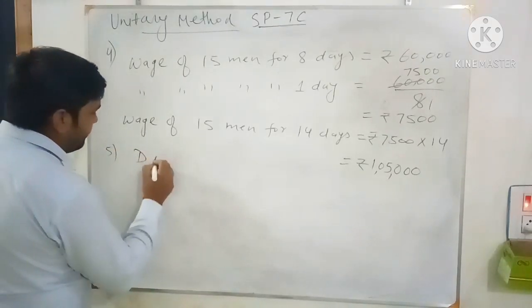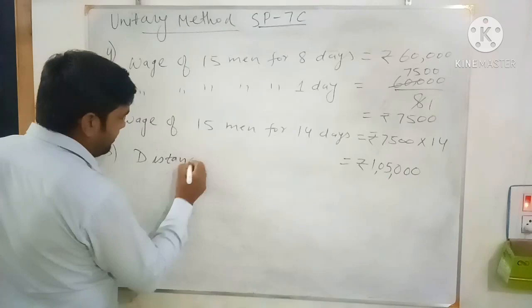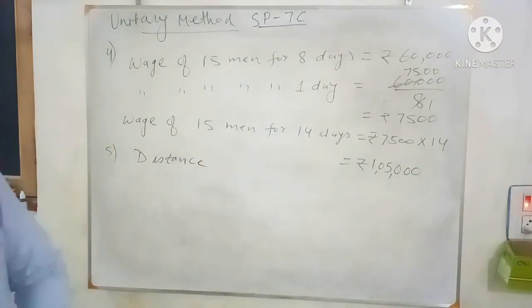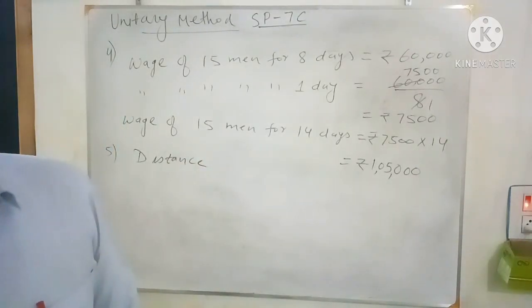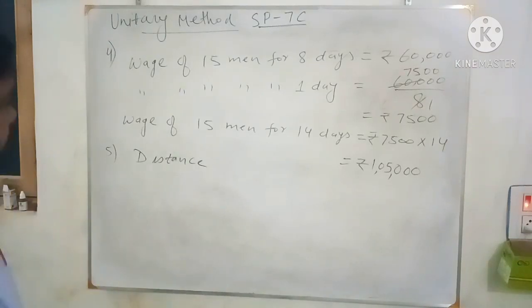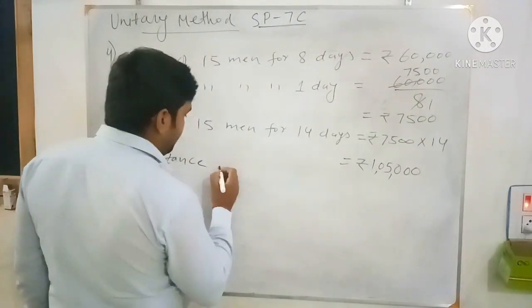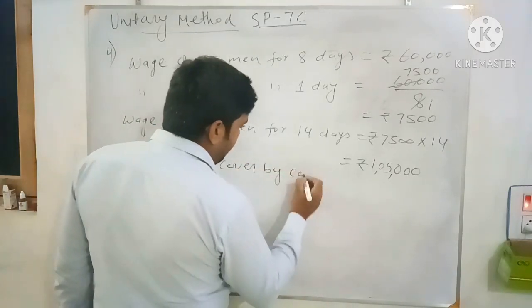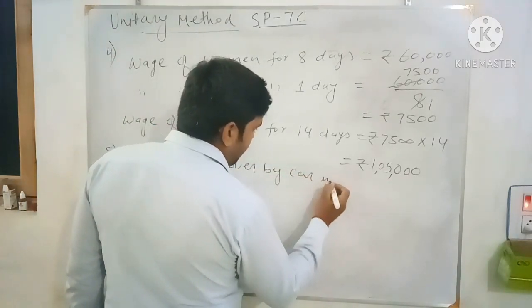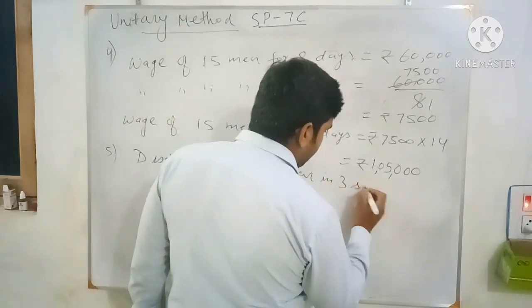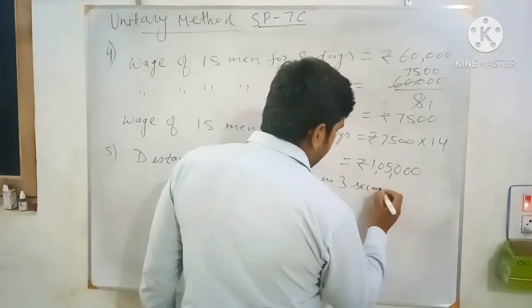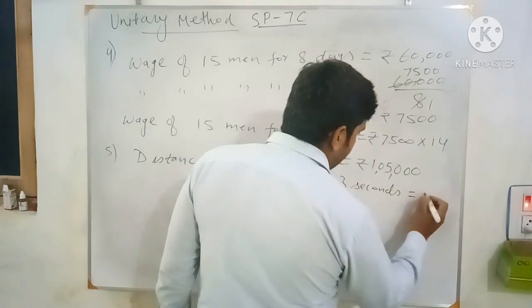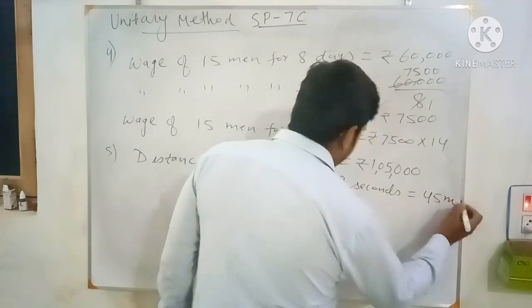So first, distance covered by the car in 3 seconds equals 45 meters.